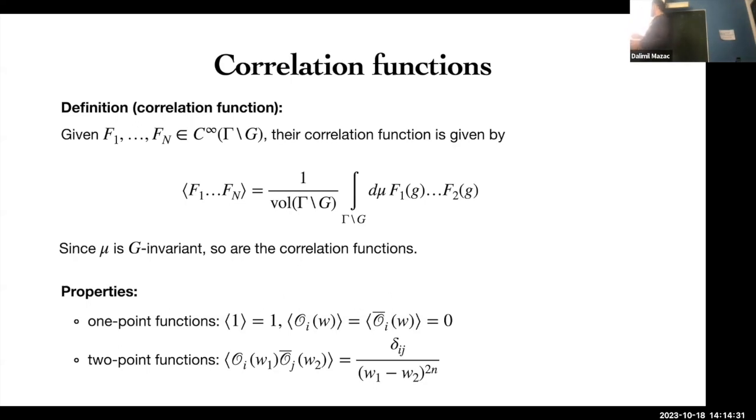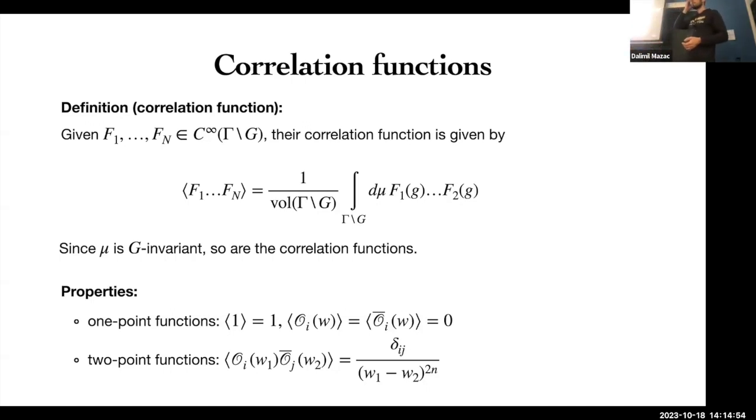So you can prove things about simple correlators. For example, the 1-point functions vanish unless you have the identity, which is 1, and the dependence of the 2-point functions on w1 and w2 is fixed by conformal invariance to be 1 over (w1 minus w2) to the 2n, where 2n is the weight of the modular form.